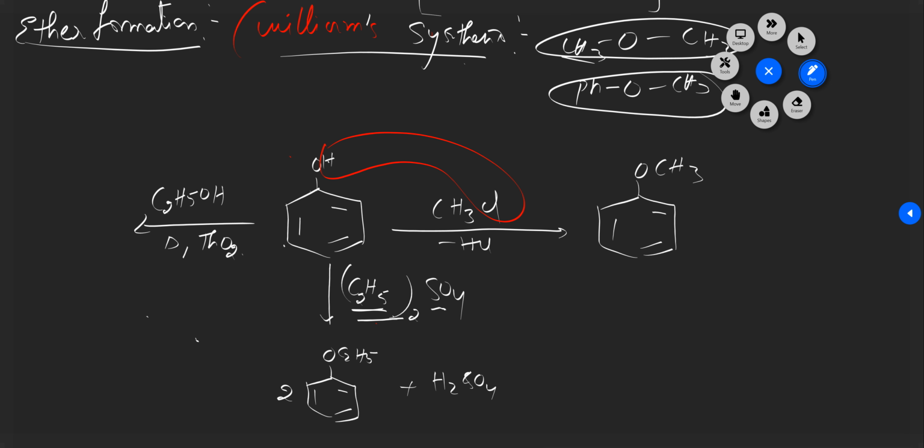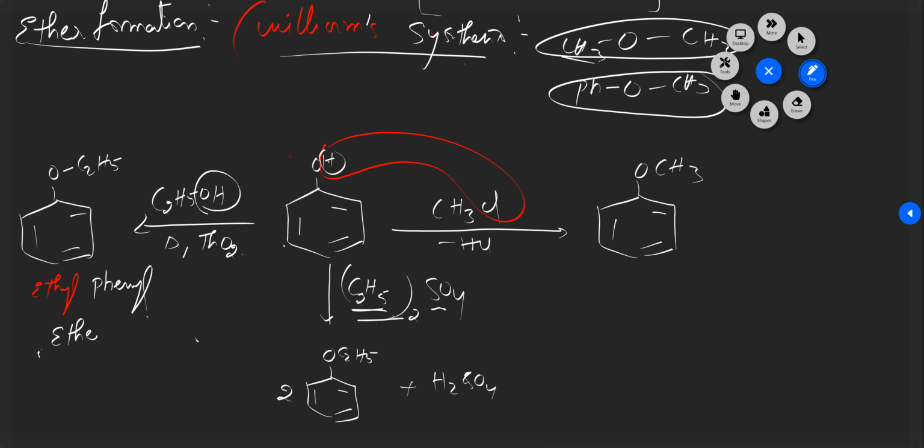Next, this one is alcohol. It releases OH, and releases H. It forms OC2H5. So it also forms an alkyl ether. The name of this one is ethyl phenyl ether.